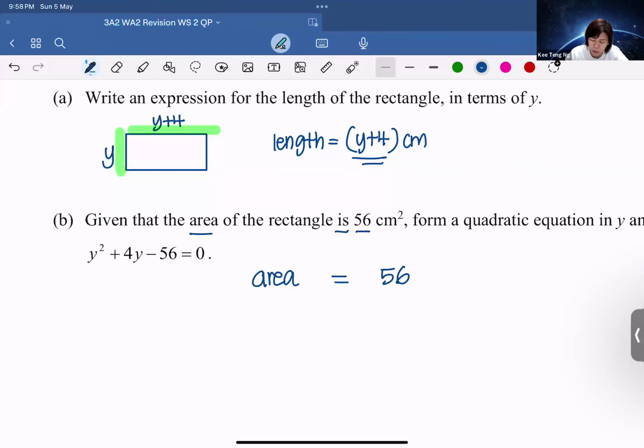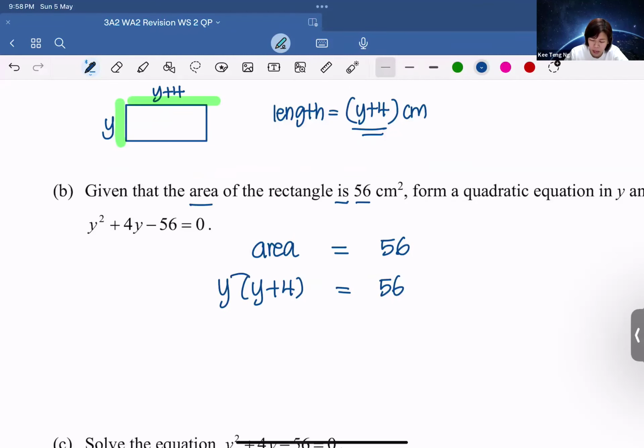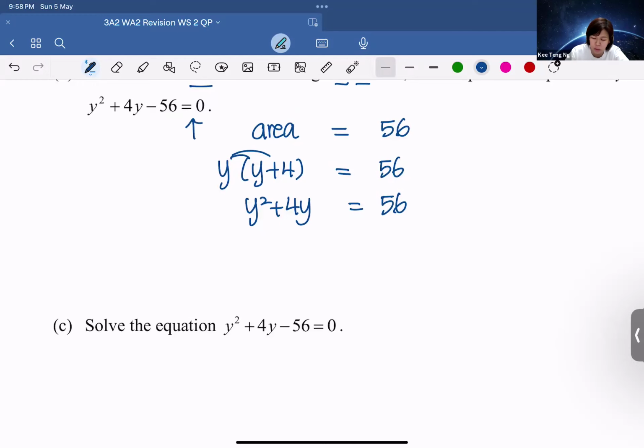So in this case will be y times the whole of y plus 4 equals to 56. Expanding this out, so y squared plus 4y equals to 56. And then the equation is equal to 0, right? So shift this over, y squared plus 4y minus 56 equals to 0. Shown.